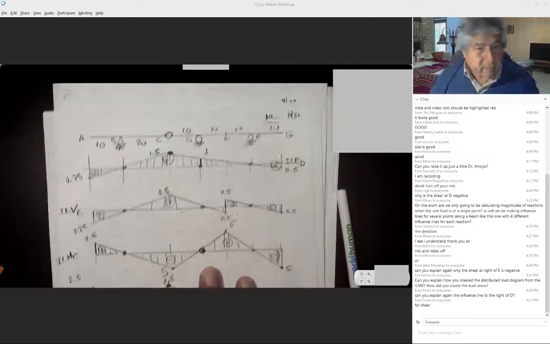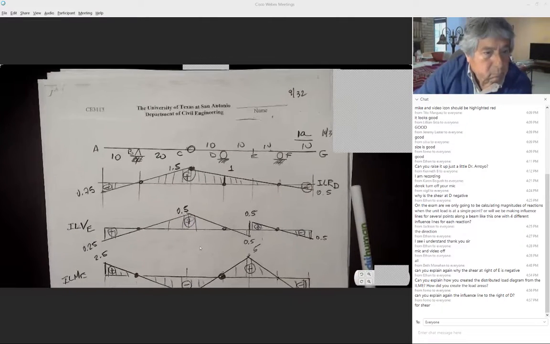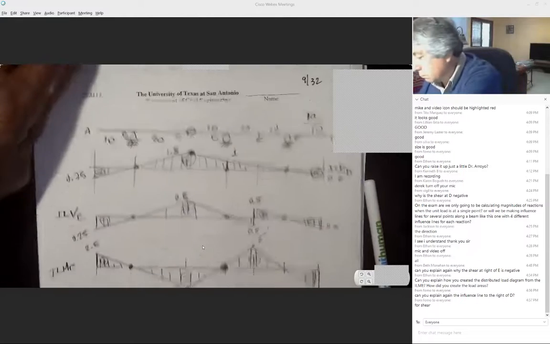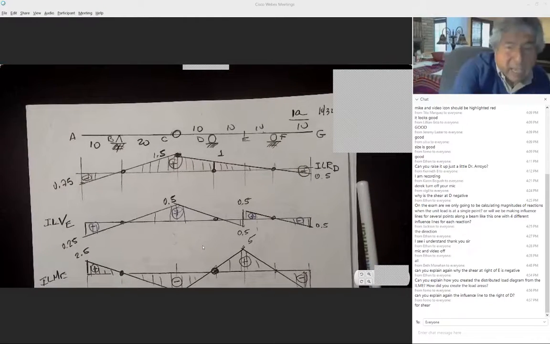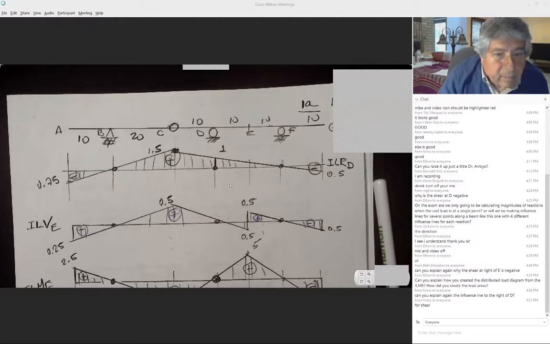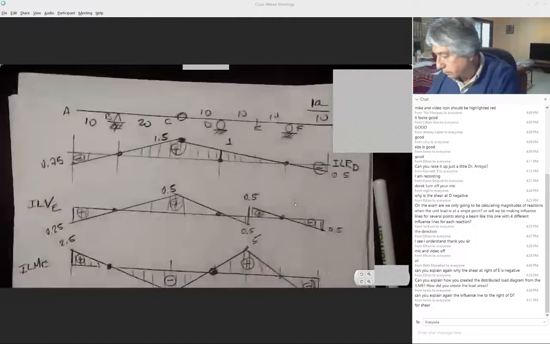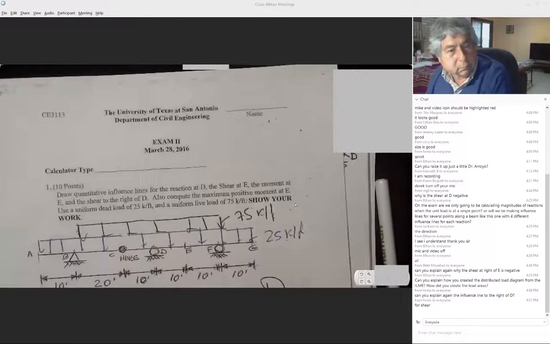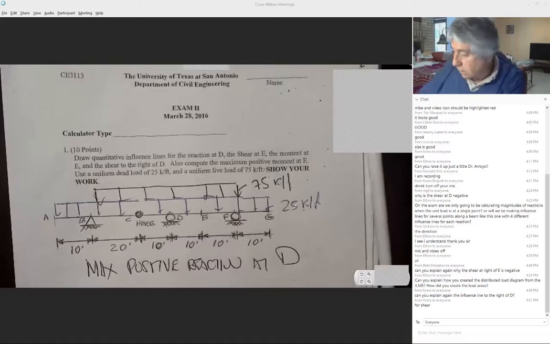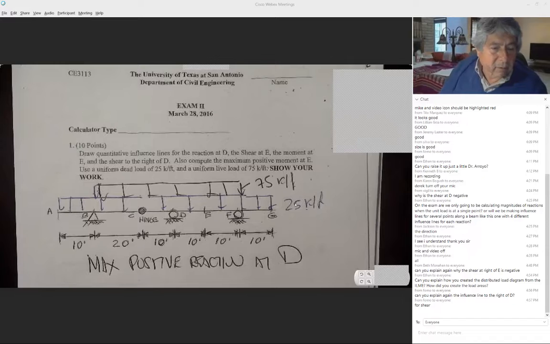Look at this diagram. Dead load goes all over, positive only between point B and point F. And this is exactly what I have in here. Maximum positive reaction at D.